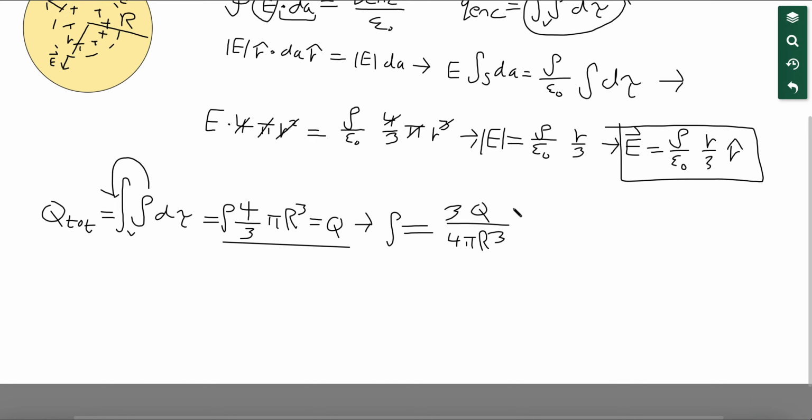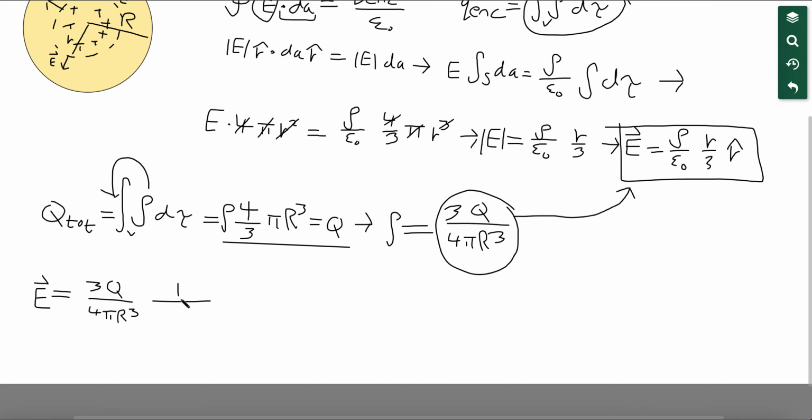With this, we're able to plug this back into our electric field equation, which gives us the following. Our electric field is equal to 3Q over 4 pi big R cubed, times r, little r that is, over 3 epsilon naught in the r hat direction.